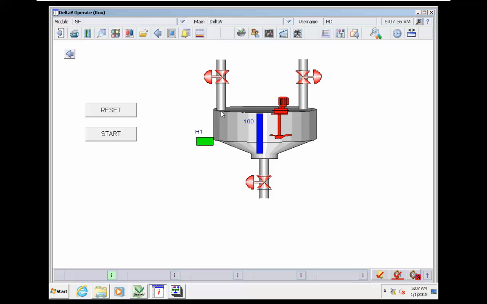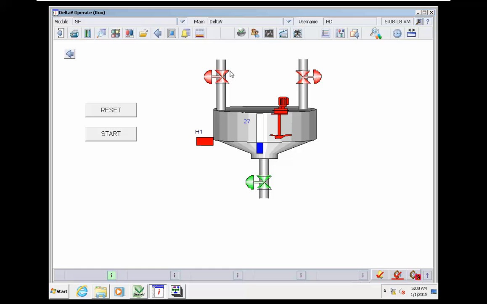When it's totally full, we have the heater and the mixer: 10-second heater, 10-second mixer, and then we have the drain. When the level is close to 0, we drain, and the level decreases. And when it's 0, we restart the sequence again.